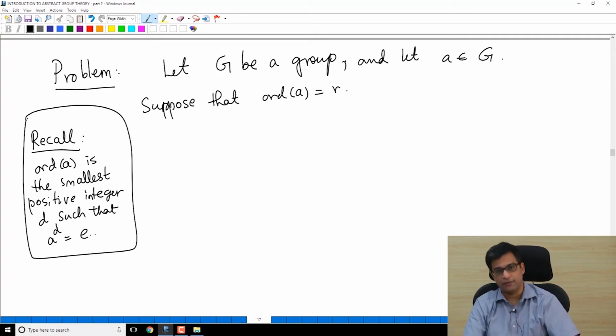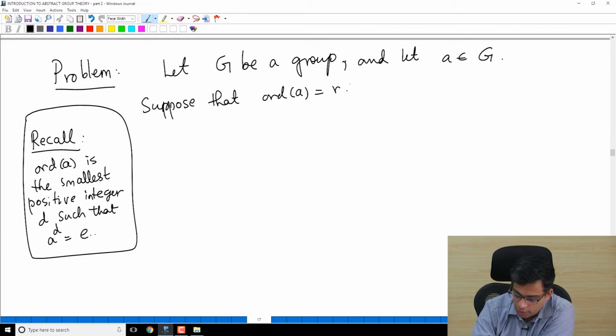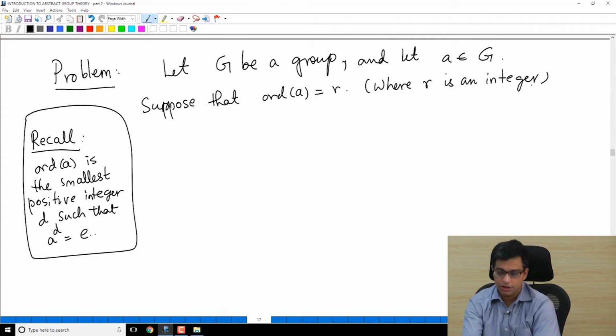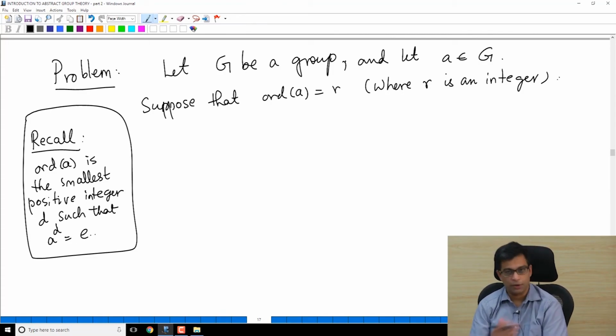This was our original definition of order. It is the smallest positive integer such that A to that power is the identity element. Here I am saying that order of A is some integer R. So obviously it's a positive integer. In other words, I am saying that some positive power of A is identity.